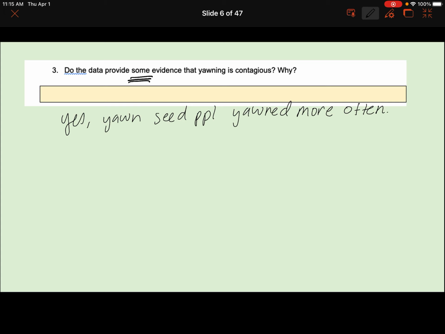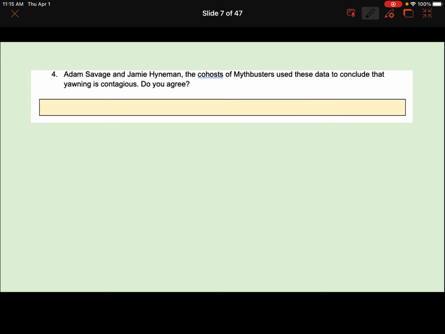All right, for question 4, this is an opinion question. The hosts of Mythbusters used this information to conclude that yawning is contagious. Do you agree? You could go either way on this. You could either say yes, there is a difference in yawning. And some of you might have gone down that route.